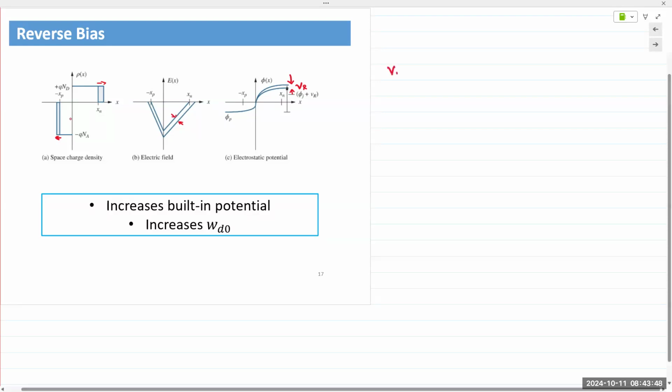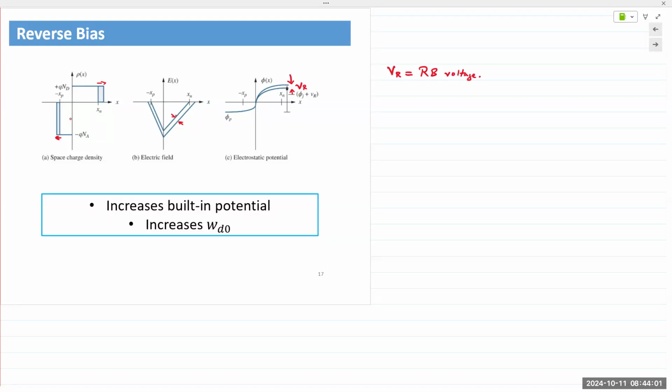And VR is, of course, the reverse bias voltage that is applied to that PN junction diode. Okay. So it increases the built-in potential. Built-in potential is now phi j plus VR.